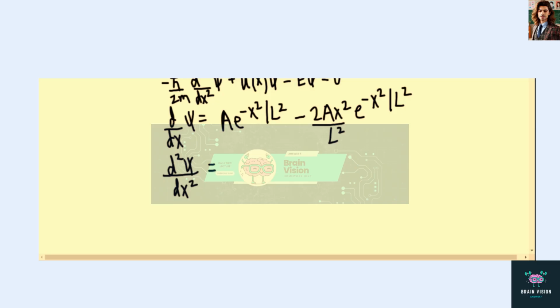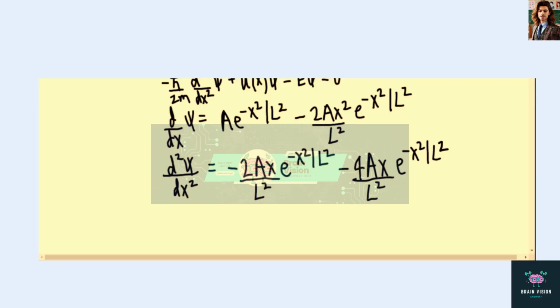We just take the derivative of the exponential, and now we have negative 2ax over L squared times the exponential e to the minus x squared over L squared. And now we'll have a derivative of the second term here, which when we take a derivative of x squared, we have minus 4ax over L squared times the exponential.